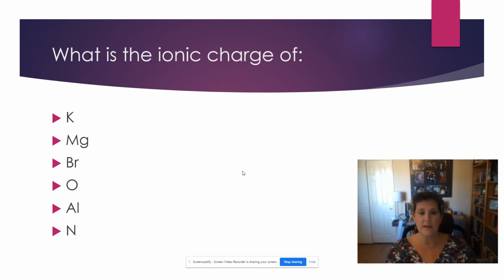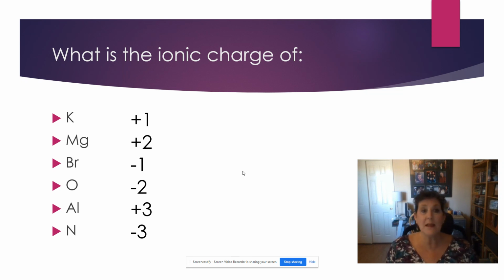Yeah, oxygen is in column 6A, so it has an ionic charge of -2. What about aluminum? Did you find it in column 3A? That means it has an ionic charge of +3. And the last one, nitrogen. Do you see it in column 5A? That means it has an ionic charge of -3.